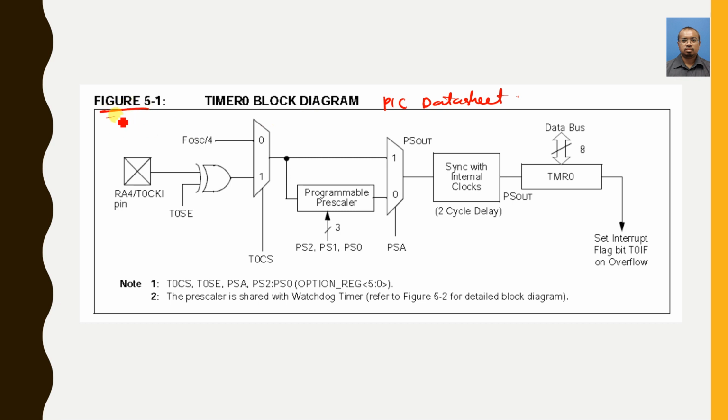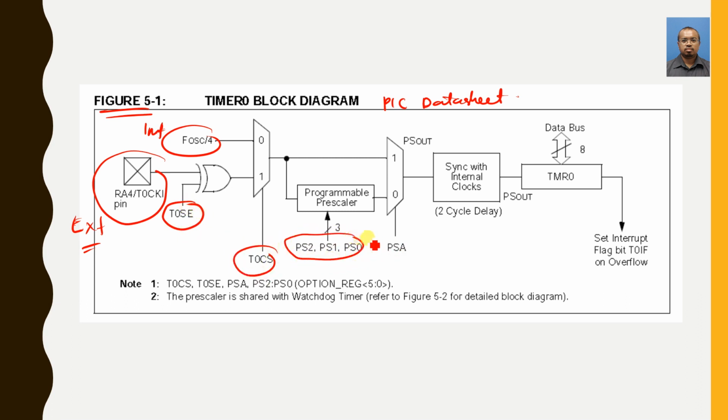You will see this figure 5.1. This is basically a snapshot coming from the datasheet. Here there are two types of input, FOSC/4 and then RA4. RA4 is the external input, which comes from port A4, and this one is the internal clock or timer. So this one is the external timer. The timer is being controlled by T0SE, T0CS, PS2, PS1, PS0 and PSA.